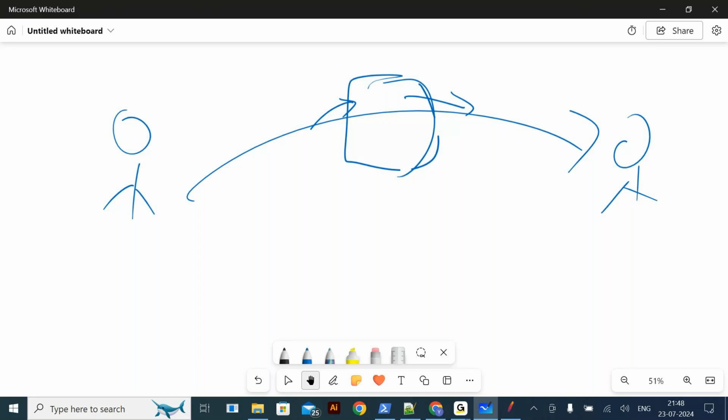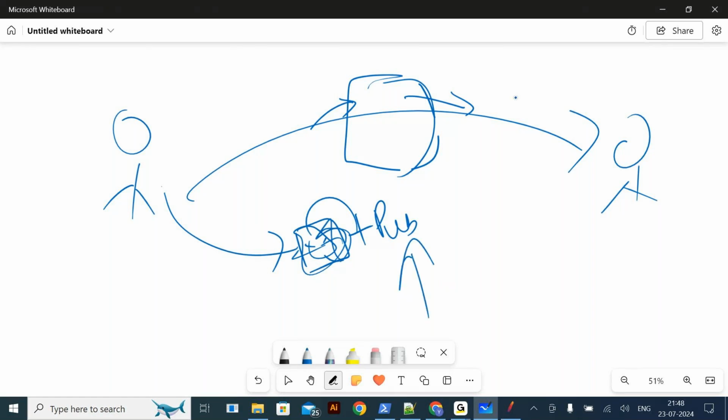But when Ankit is sending the message, my public key will get added to it, which means it will scramble the message somehow. Now if someone tries to access it, he has to use the private key to unscramble it, which he doesn't have, because the private key is actually with Ankit only.